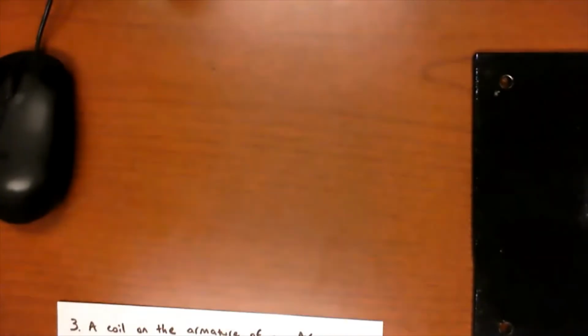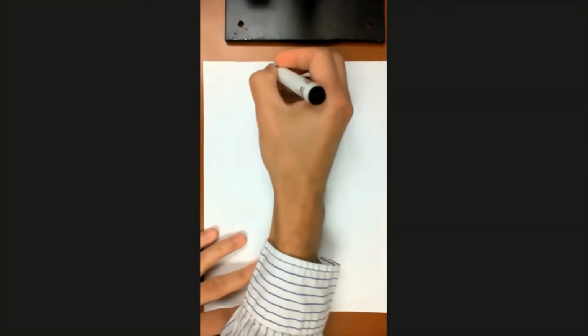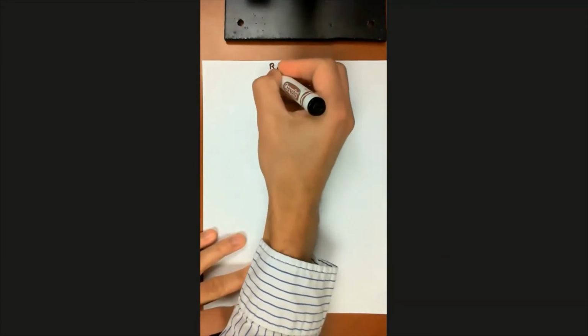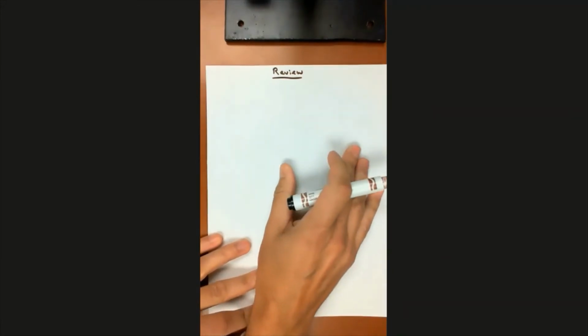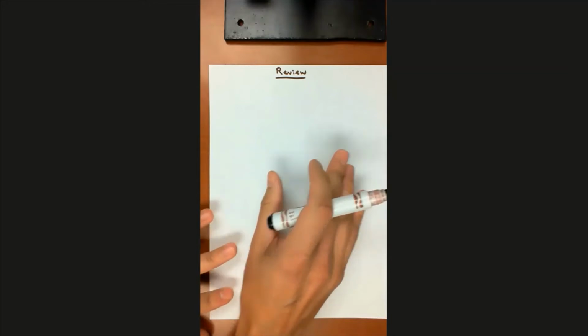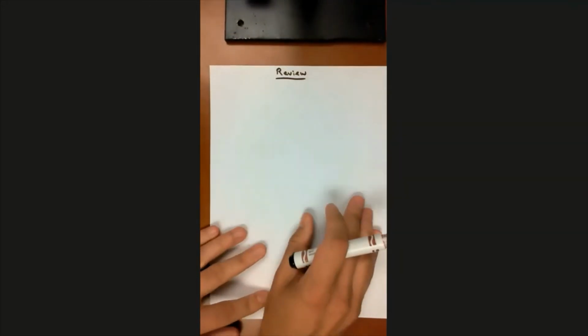Now let's go ahead and do a review of the concepts that we have talked about in this second third of the class. Okay, I'm going to write out some of the topics that we have talked about in this second third of the class. First of all, I've said this before, but exam 2 is not meant to be cumulative. So you won't see things like KVL and KCL on there.